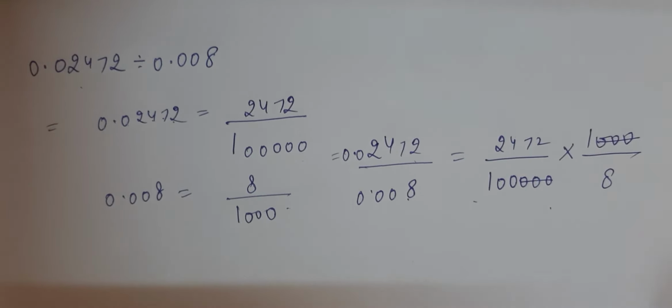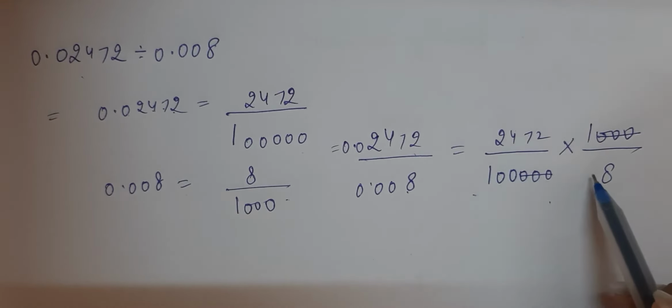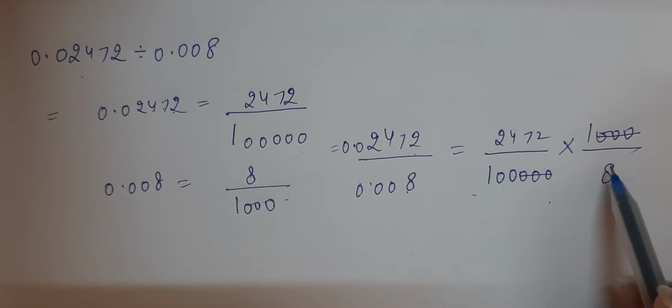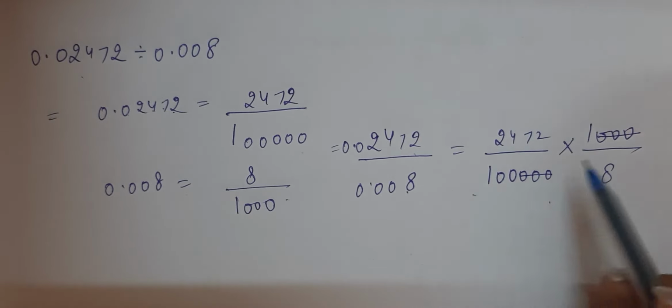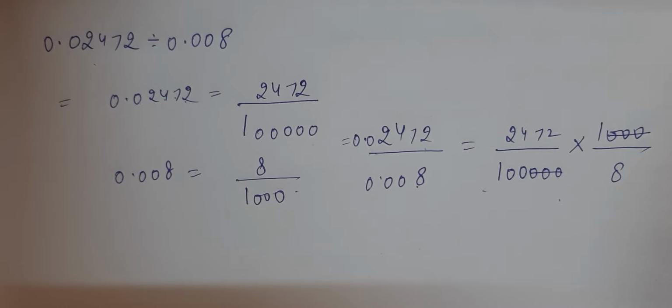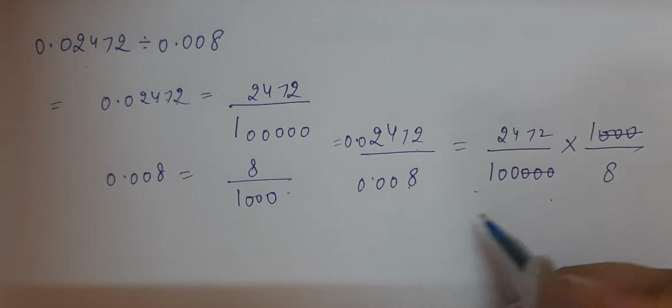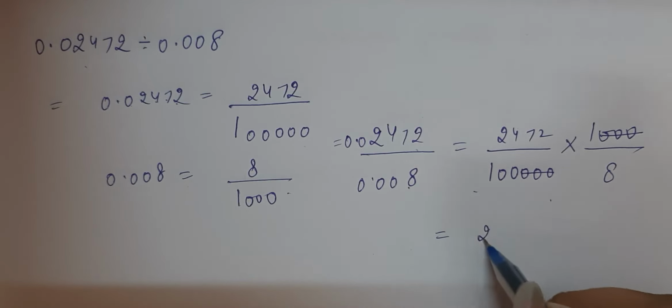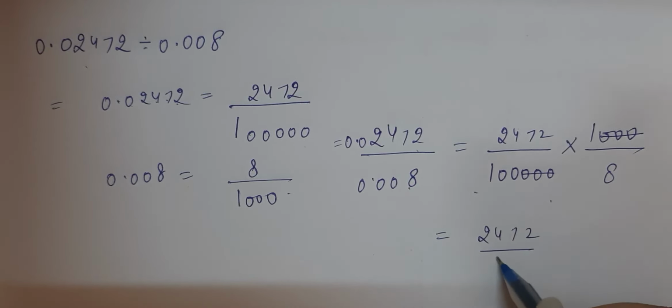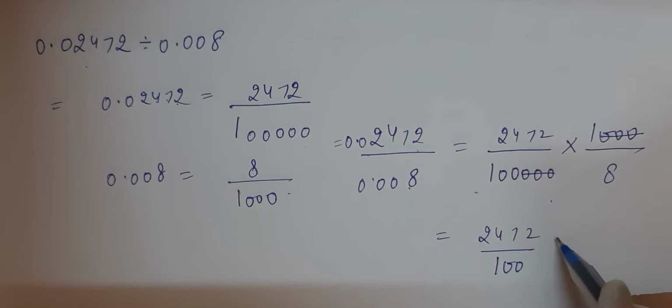If I want, I can further cancel it out, or I can apply the division method. I will show you both methods. Here it is 2472 upon 100, and it is divided by 8.